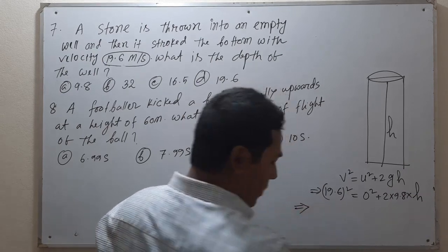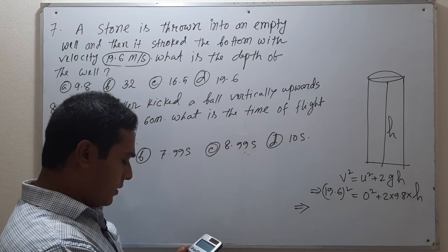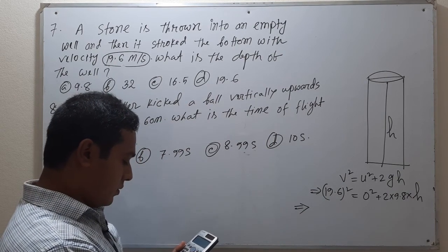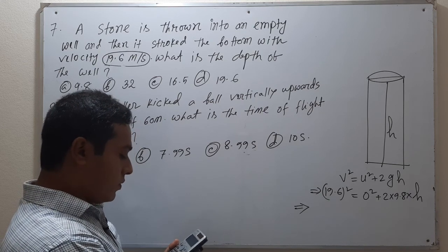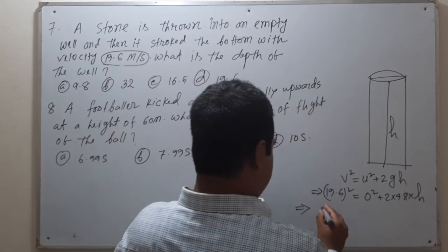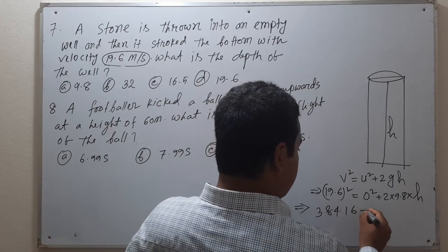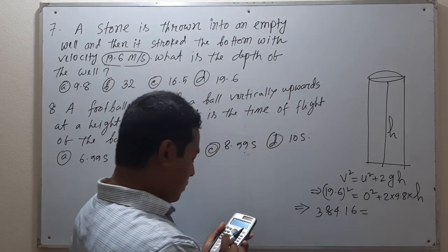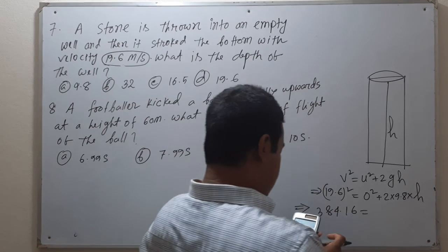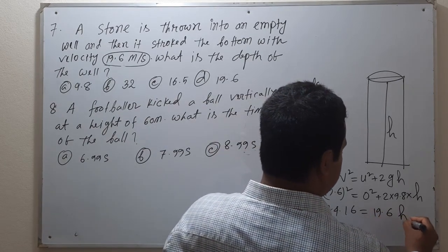Okay, so our answer will be 19.6 square, which is 384.16, is equal to 9.8 into 2, 19.6 h.